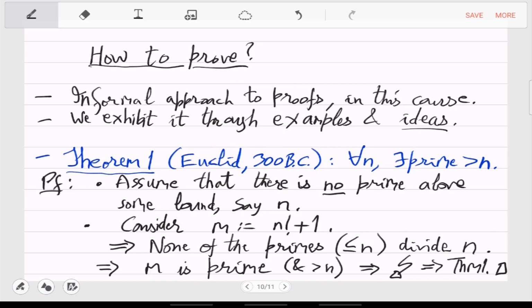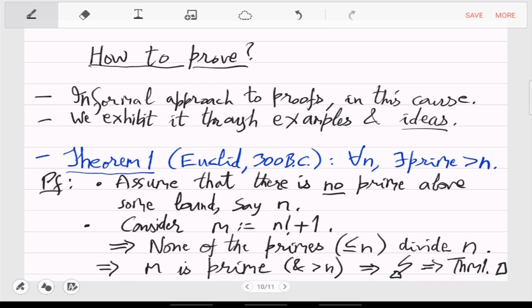Any questions about this? You have a question? See, if m is not prime, then there has to be a factor which is prime. Here again, some proof is required, but once you define factors, then you can also show that any divisor can be further factored, and you continue this till you reach a prime number, right?